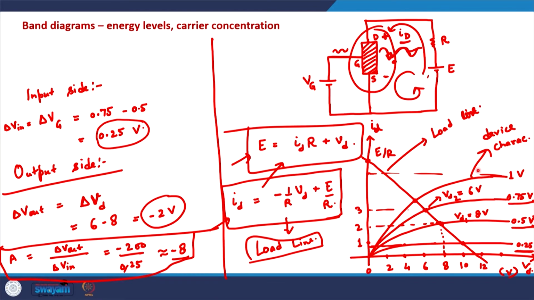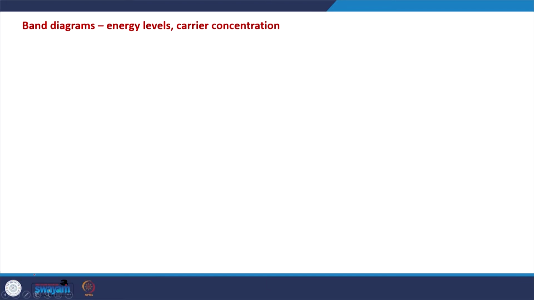So, even if there is a small change in the gate voltage, the channel can either be there or may not be there, and that reflects in a huge change across the drain terminal on the IV characteristics, and that is how this amplification is achieved.